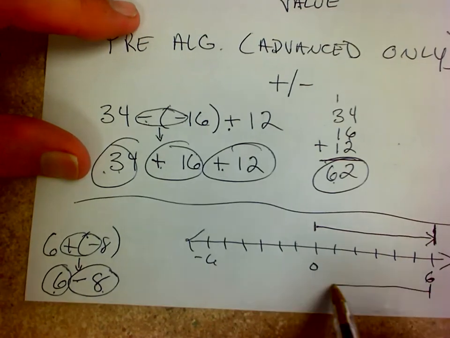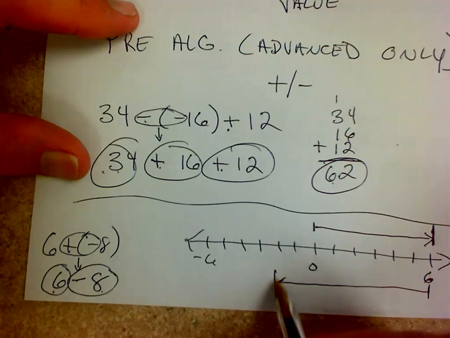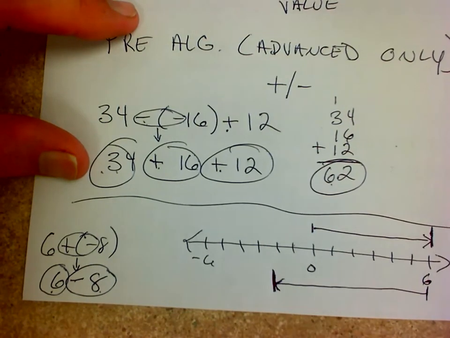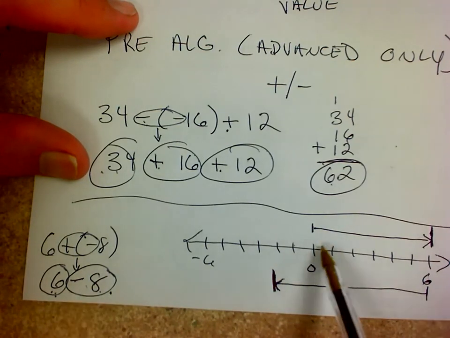So we're at 6, and then we want to go left 8. That would be a representation, a visual to go along with this problem. Right 6, and then left 8. On those last 4 problems, you'll be doing something similar to this.